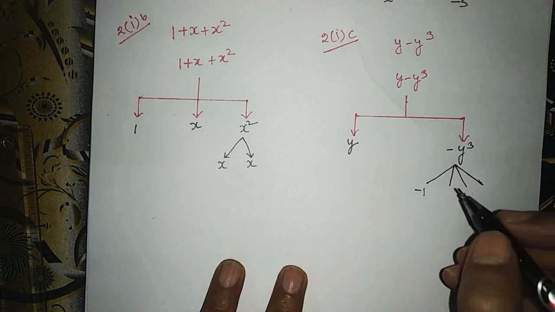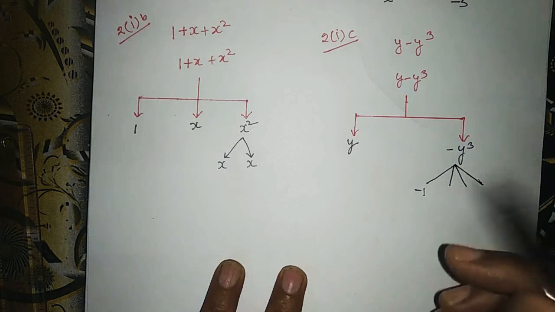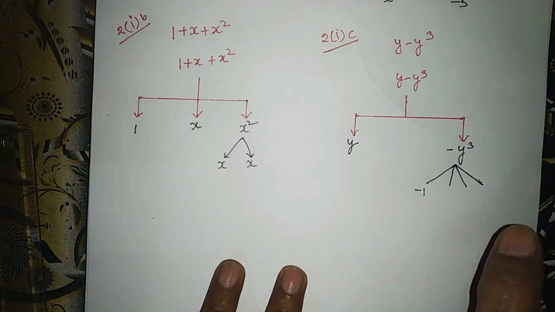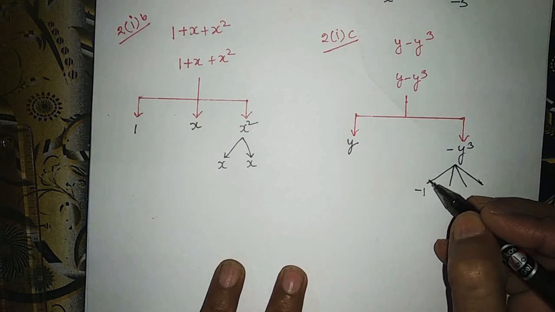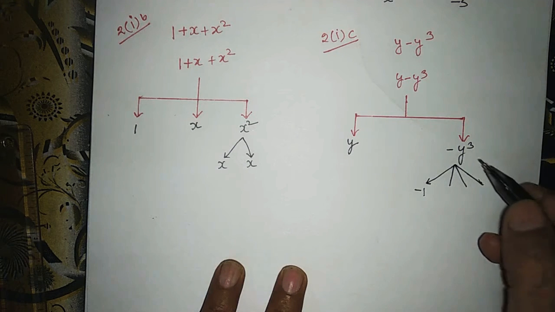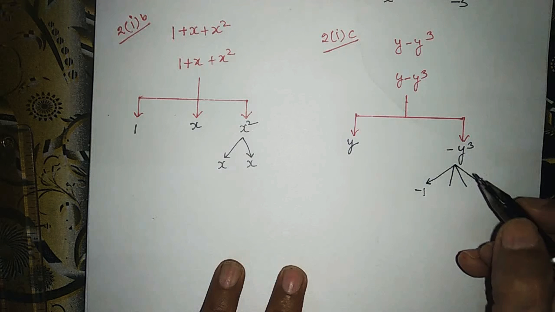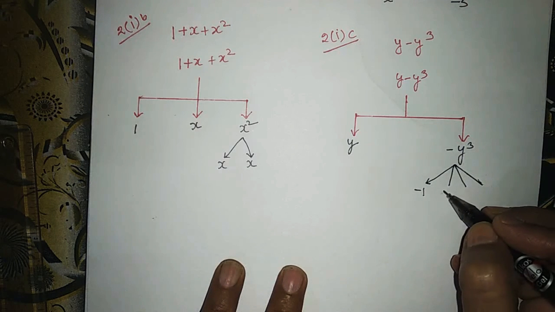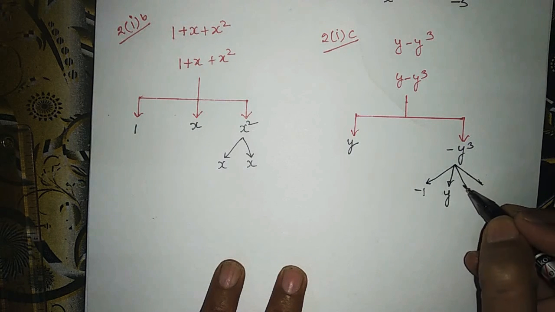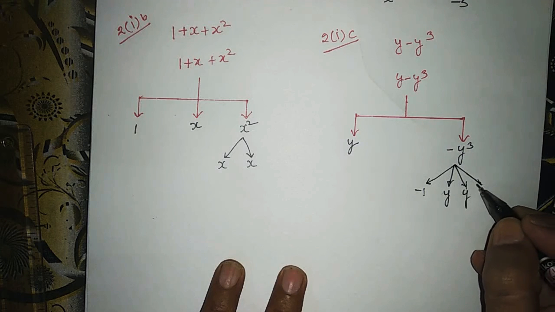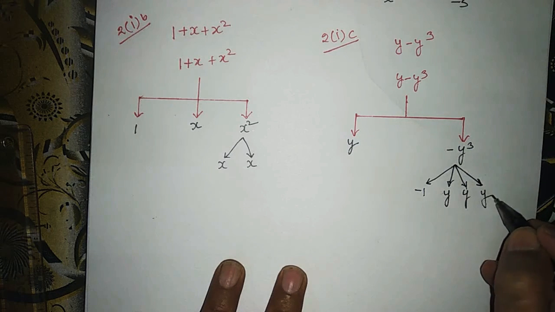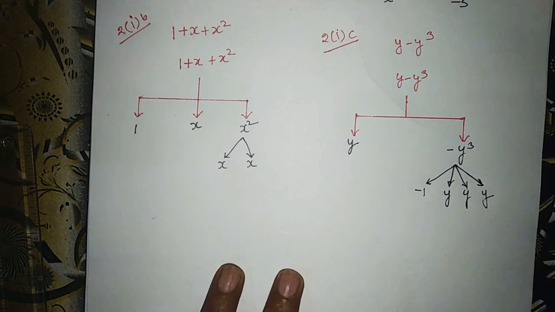You know that 1 is a factor of every number. So here we will write first minus 1, and y cube means y into y into y. So here y and one more y we will write here.